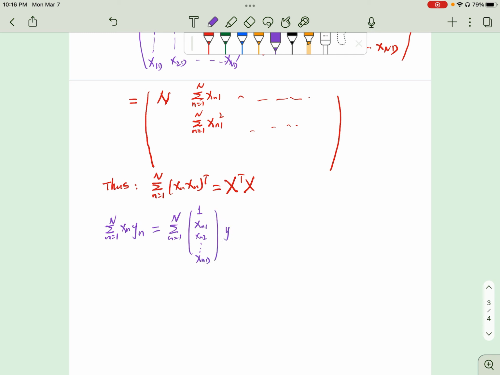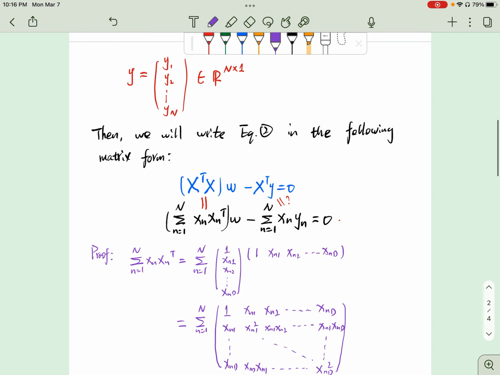Okay, and yn is a scalar. It's a number. It's not a vector. So also we distribute every term here. We get yn, the second one, xn1 yn, and the last one, xnd yn. So this is the vector we get.